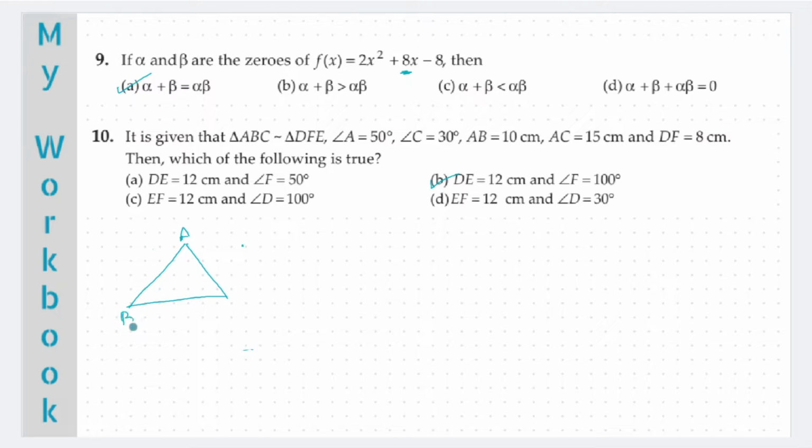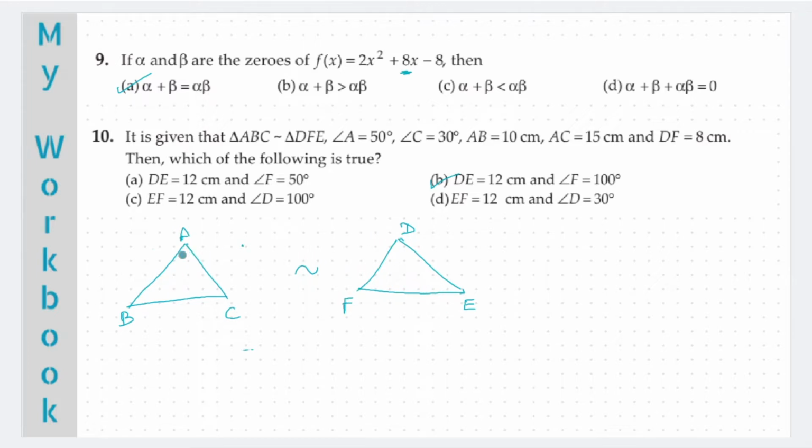A, B, C is similar to triangle D, F, E. While drawing, please ensure that you name the proper vertices as per the question. ABC is similar to DFE.